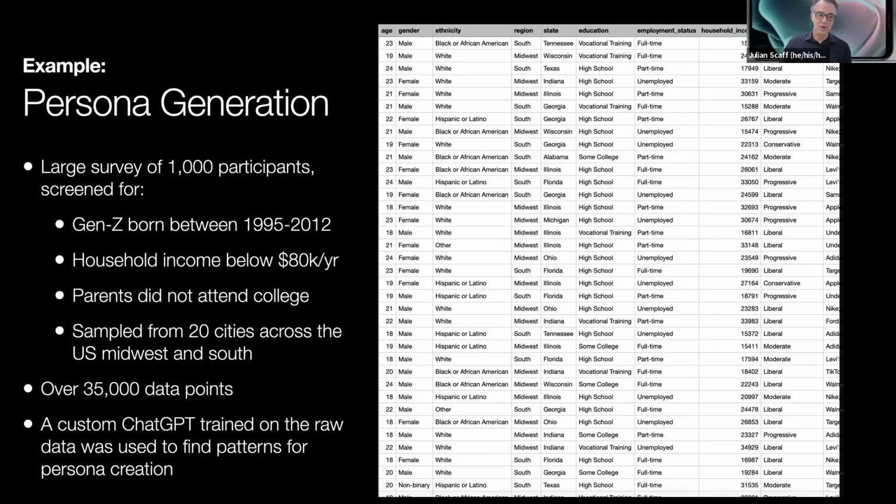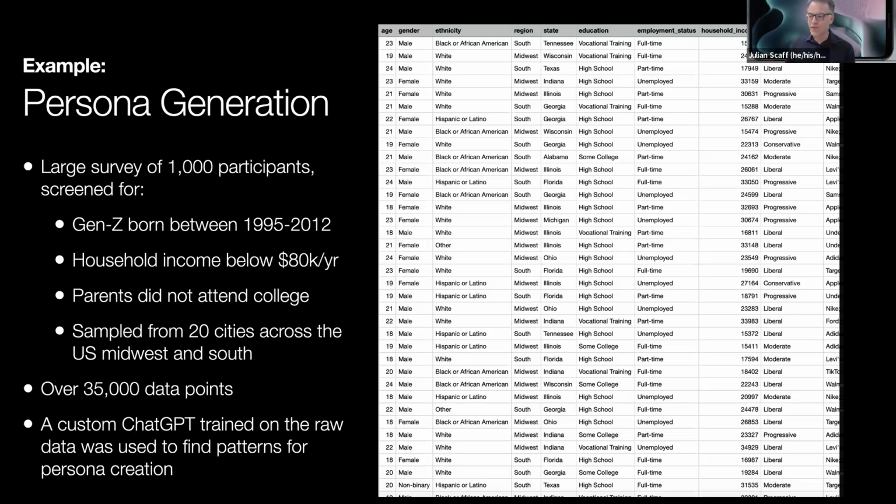And I limited the sample to 20 cities across the U.S. Midwest and South. The other thing I did in this survey to make sure I had a good balance was I forced a gender balance. So 50% of respondents were female, 49% identified as male, and 1% identified as gender non-binary or other.